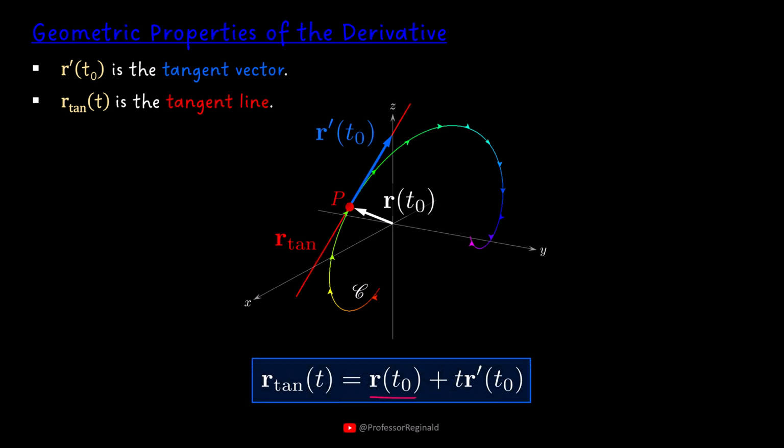The first term is the position vector of the point where the line is required to pass through, while the vector in the second term is the direction vector of the line. Note that the discussion on the previous page is a generalization of the discussion here, which is focused on tangent vector and tangent line at a particular value of the parameter.